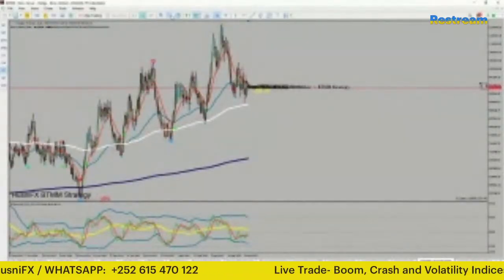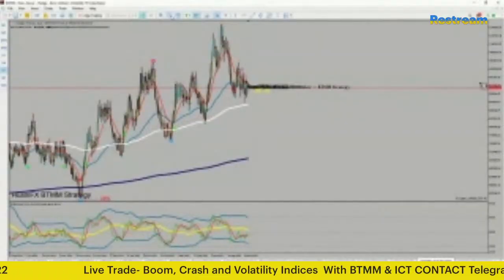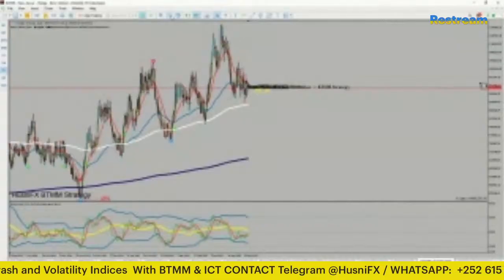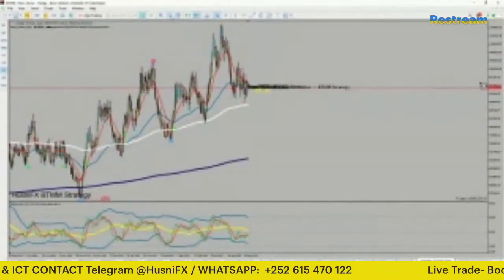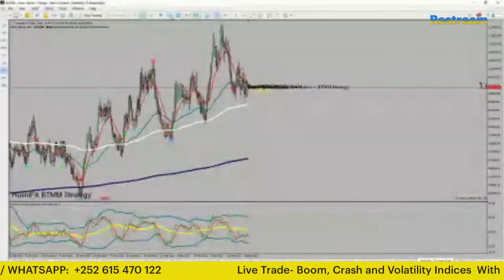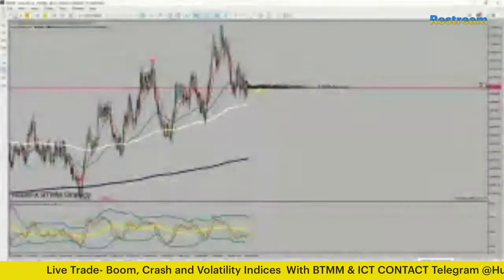This is why you need to know exactly where the market makers are inducing. I will draw it, but I have to tell you the information before I do this. So why are they doing this? This happens on every time frame. Whether you go on lower time frame or higher time frame, there is an inducement on every time frame.